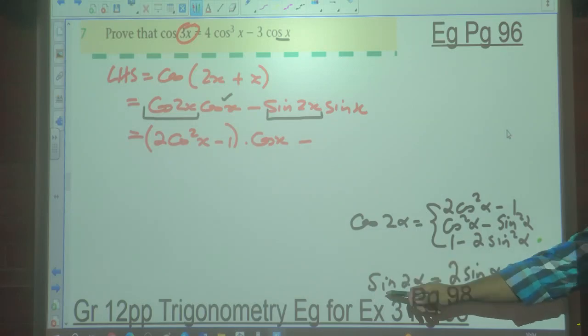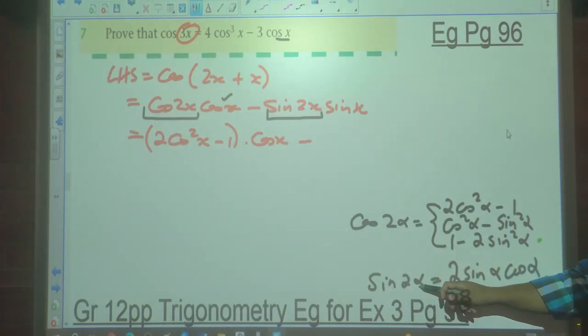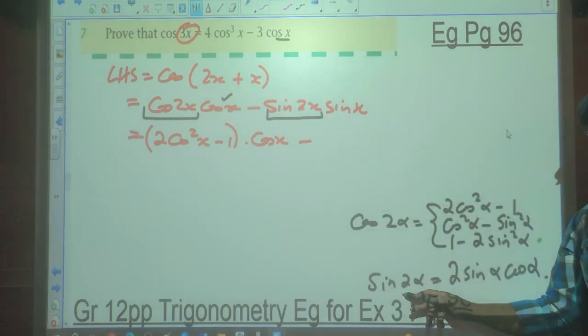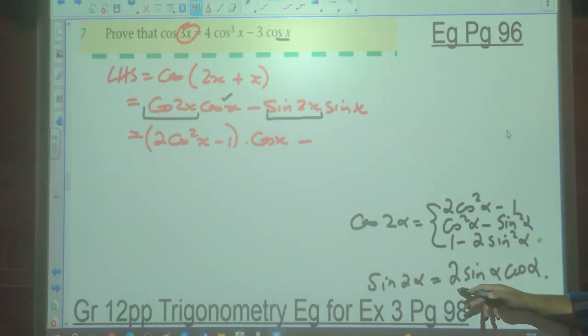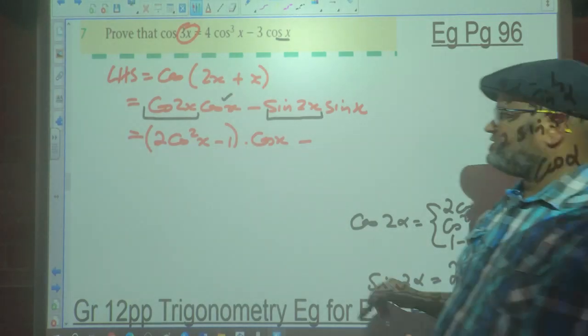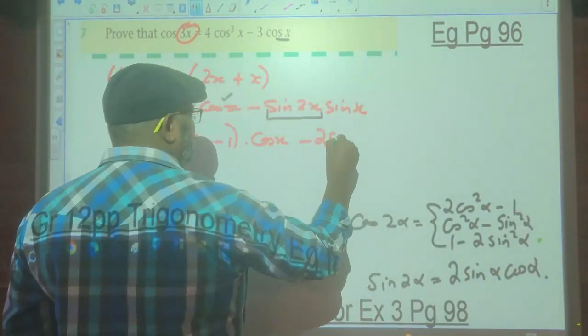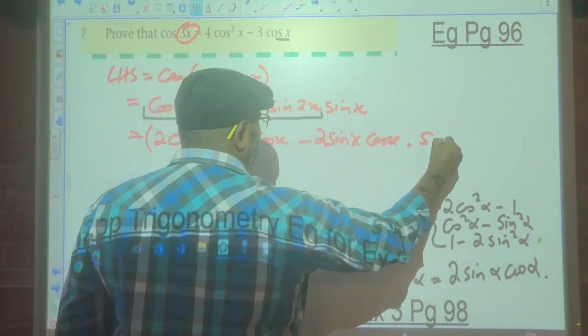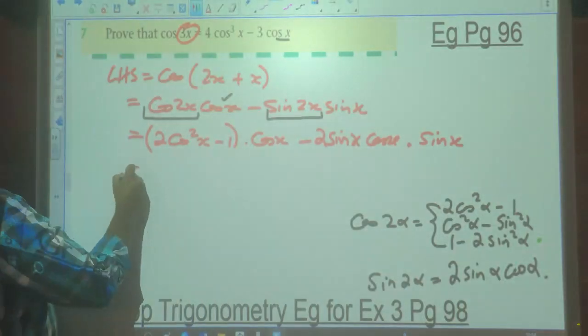Sine 2x is 2 sine alpha cos alpha. So sine 2x can be written as 2 sine x cos x, multiplied by sine x. Okay.